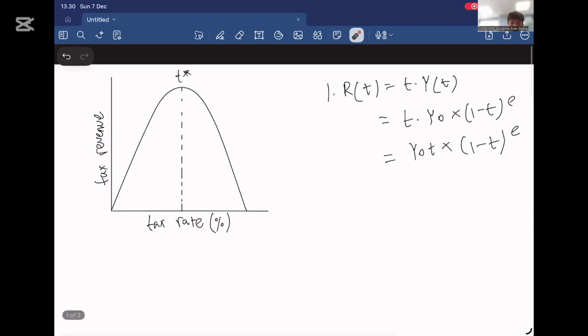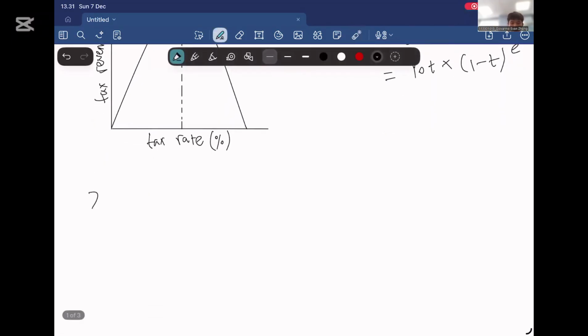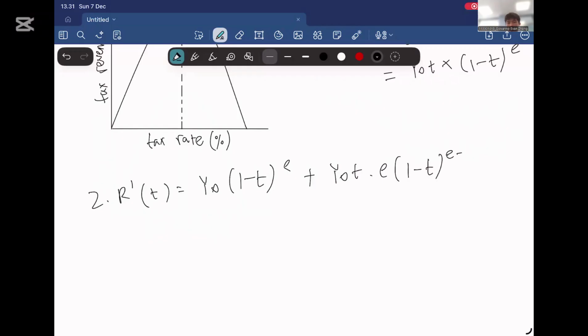Next, number two, I'm going to find the first derivative of R(T). So R'(T) equals Y0 times (1 - T) to the power of E plus Y0 T times E times (1 - T) to the power of E minus 1 times minus 1. Here I'm using the product rule.